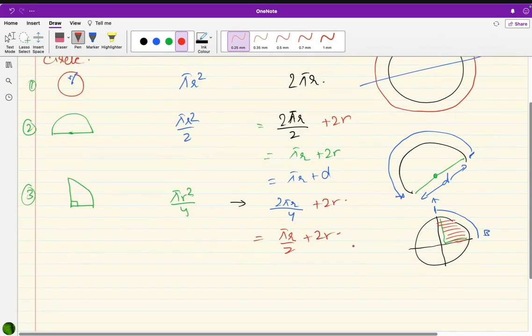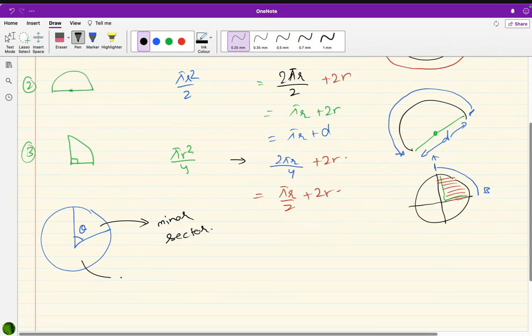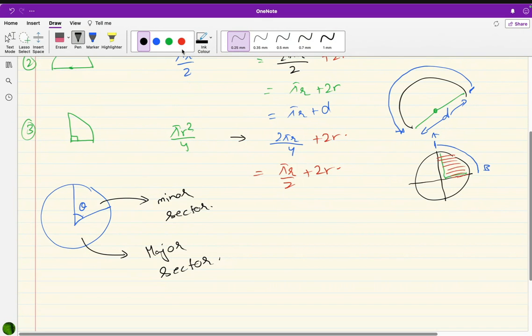Now we talk about sector. So if I draw this sector, angle theta, before we move on to formulas, there are few names. Smaller would be known as minor sector. Larger would be known as major sector. Minor sector and major sector, differentiated by angle when it is less than 180 or more than 180.